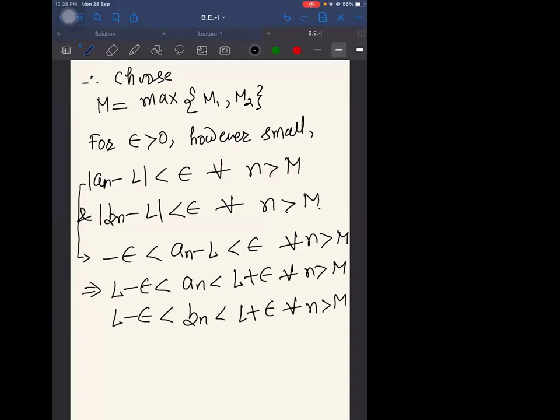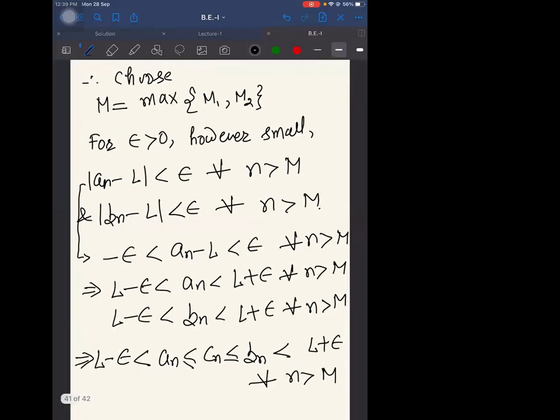So now you know that your an is less than or equal to cn and your cn is less than or equal to bn, and your bn is also less than L plus epsilon and your an is also greater than L minus epsilon, for all n greater than m, right? So that means what?